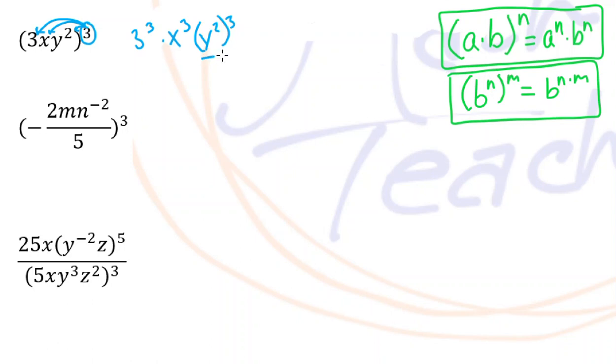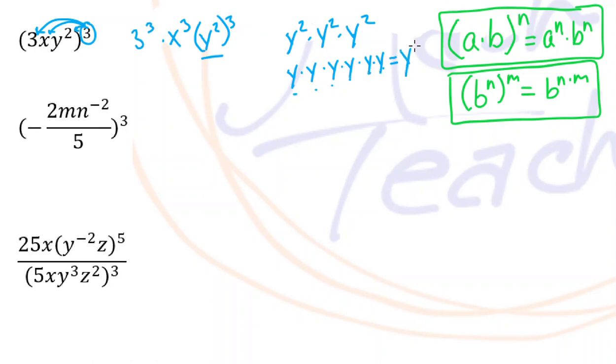So y squared to the third power would mean y squared times y squared times y squared, which is y times y, and then another y times y, and then another y times y, for a total of 1, 2, 3, 4, 5, 6 y's.